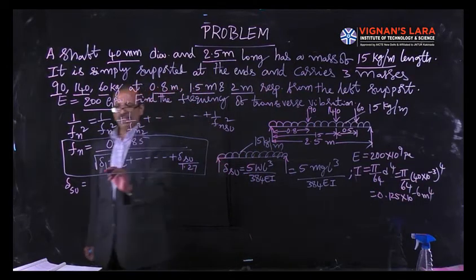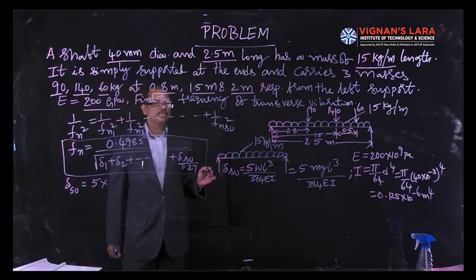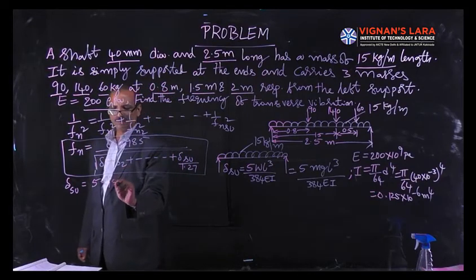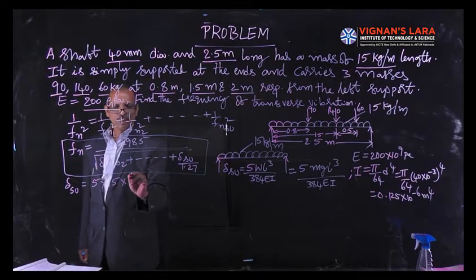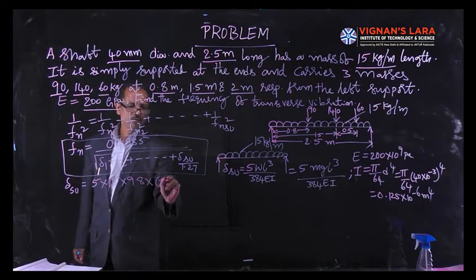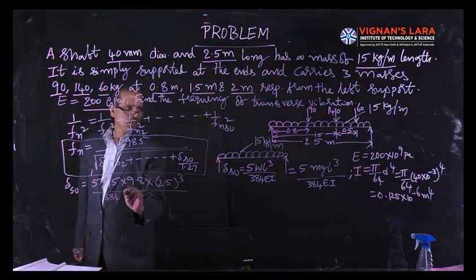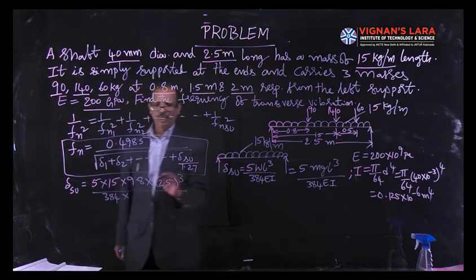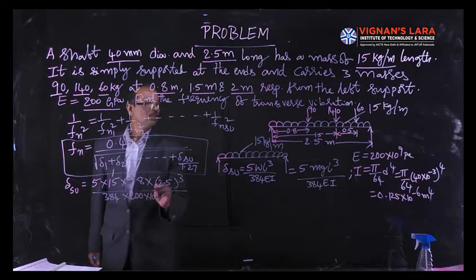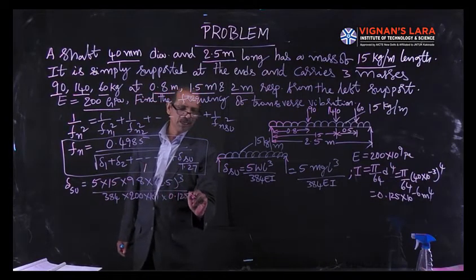E is obtained, I is obtained. So 5 into M, what is it? 15 kg per meter length. So this is 9.8, L 2.5 whole cube by 384, E is 200 into 10 power 9, I is 0.125 into 10 power minus 6.